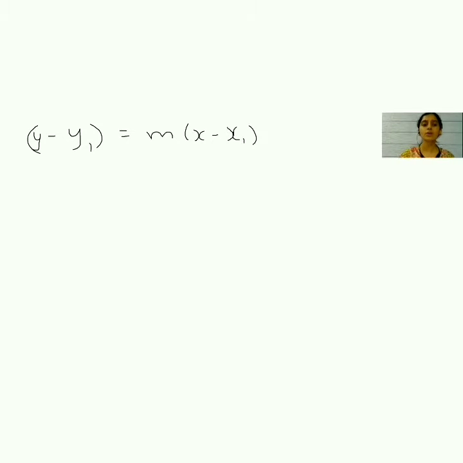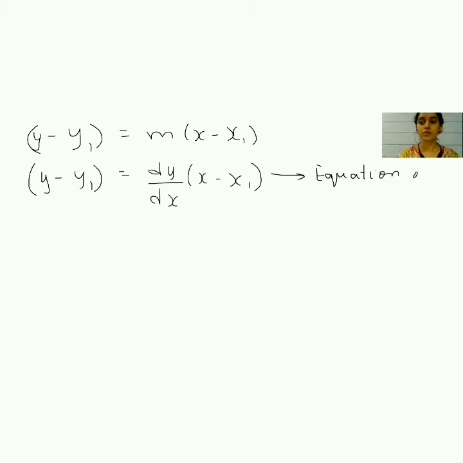I'm using y minus y1 is equal to m times x minus x1. What is m? It is the slope of the function. So y minus y1 is dy by dx times x minus x1. Clear? So this will give me the equation of the tangent to the curve.